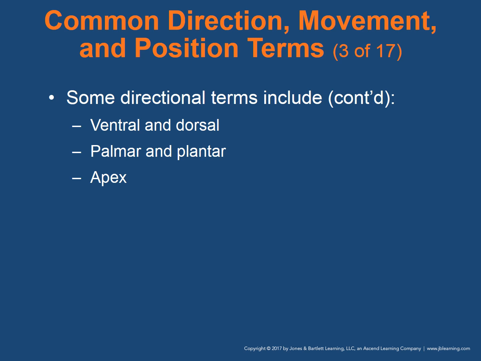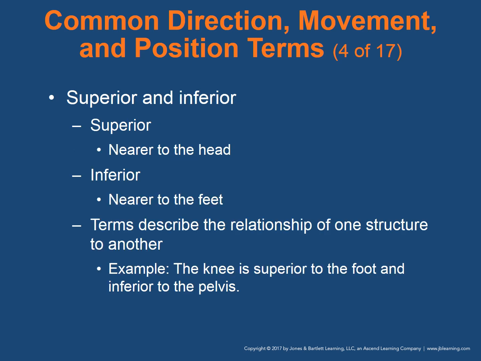Palmar is the front of the hand, if the person is standing in the anatomical position, the front side. And then the plantar would be the bottom of their foot. And then the apex is simply the tip of a structure. For example, the apex of the heart is the bottom inferior portion. So you may see these, not that I will hold you to them, to utilize in class to describe things. We'll stick with the more anterior, posterior for our directional terms in class.